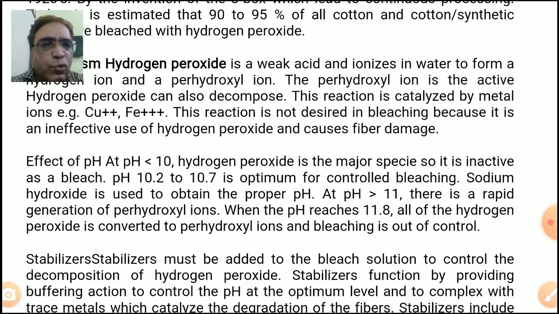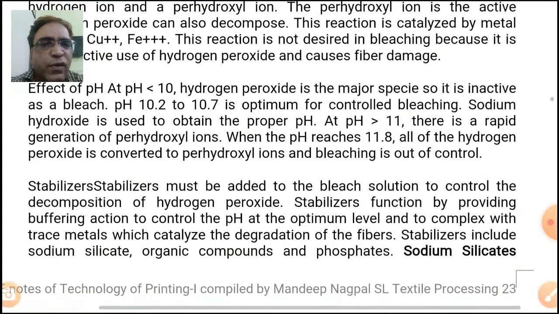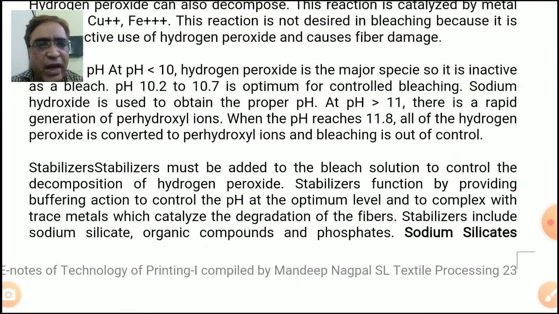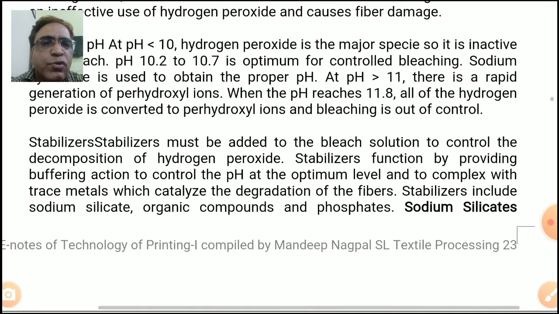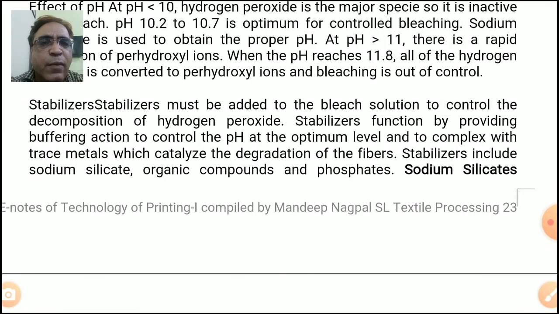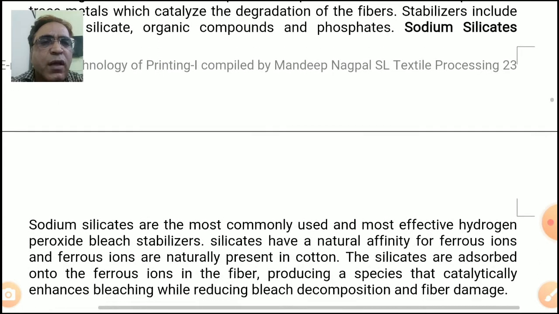To do the process in a safer way, we add some stabilizers, to control the decomposition of the hydrogen peroxide. We add some chemicals so that the decomposition will be controlled and our bleaching action will be uniform. Sodium silicate is specifically used as the stabilizer which controls the pH.